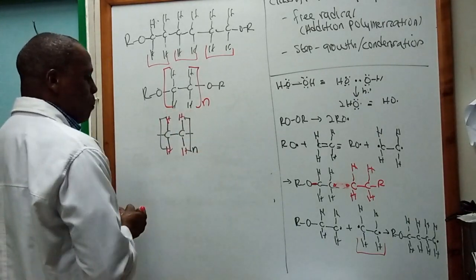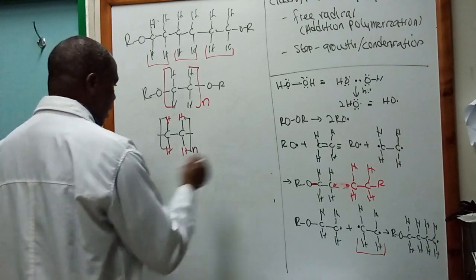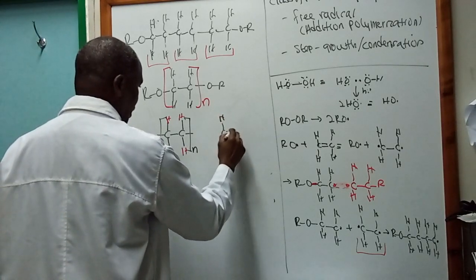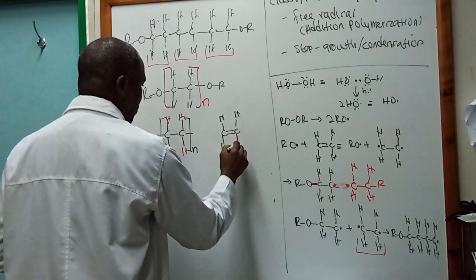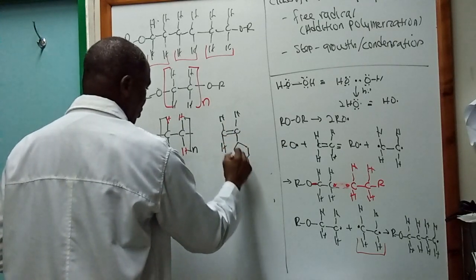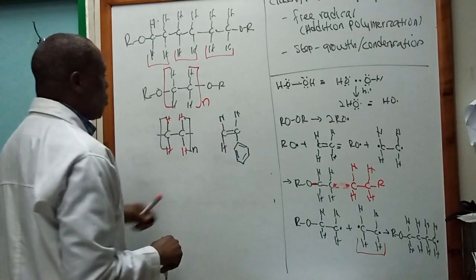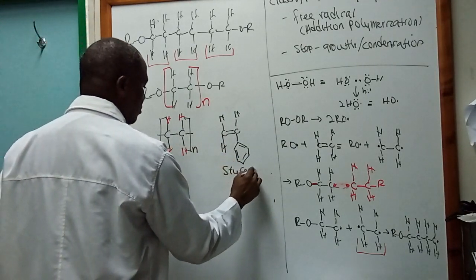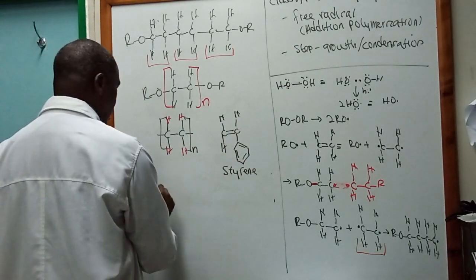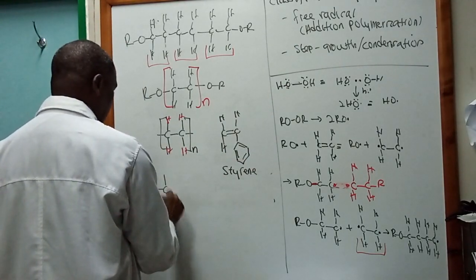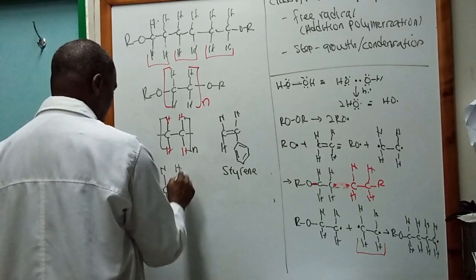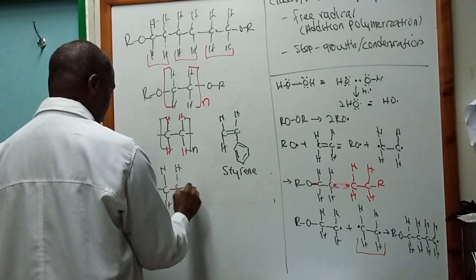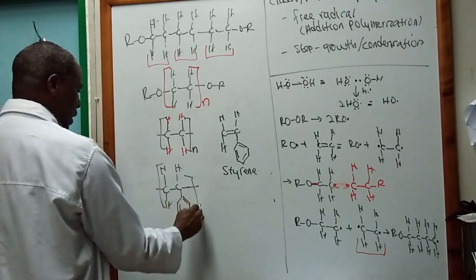But you can get a case whereby there is this structure which I'm going to be calling this alkene, and then there is something like a benzene. This molecule is given the common name of styrene. So you're going to have this one as the repeating unit, and then you're going to have the benzene, and then I put an N here.